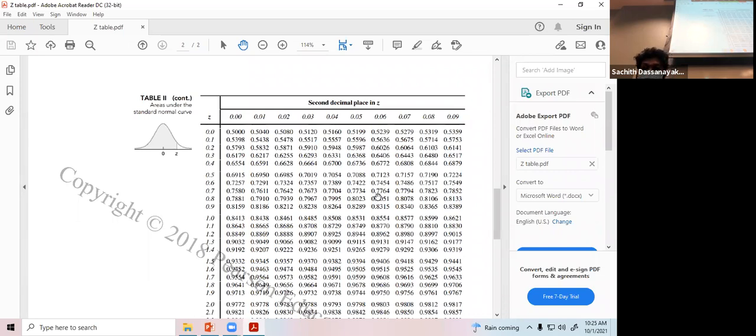Okay, clear? 0.7 plus 0.06 is the value you need. So the corresponding area or probability is 0.7764.